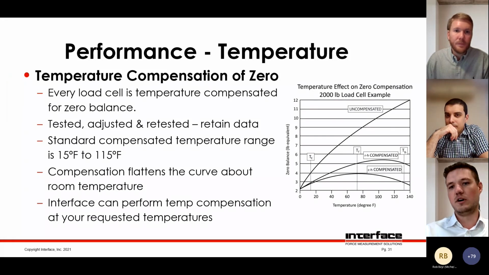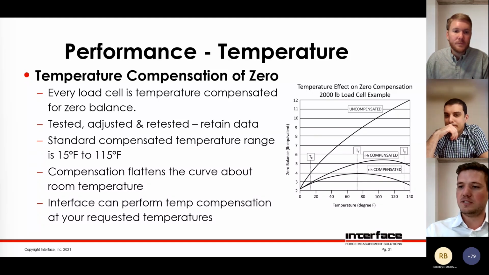As always, if you've got an application with a specific temperature range, say you need that compensated temperature to be 70 degrees Celsius instead of 25 or 20, whatever room temperature, we can adjust that temperature compensation to give you the best results at the temperature your load cell is going to be used at.